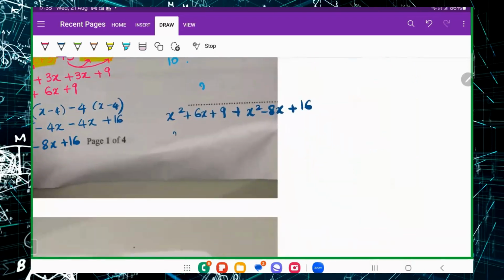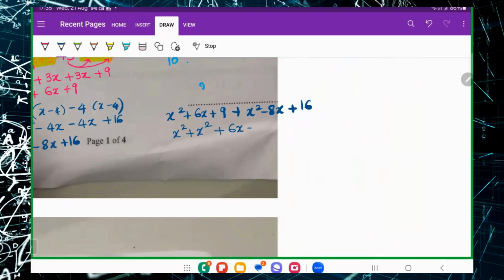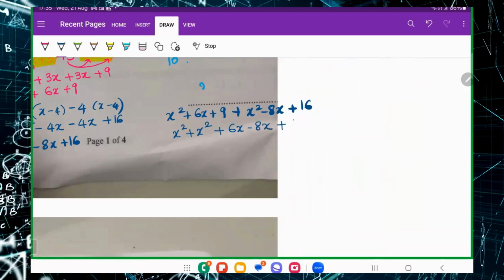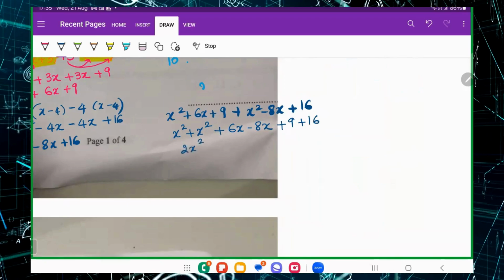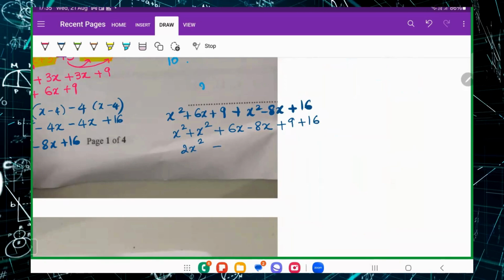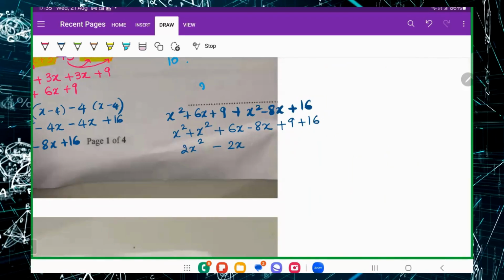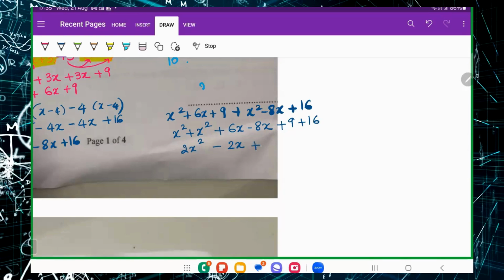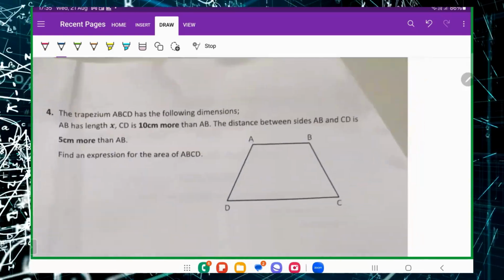I'll get the like terms together. x square plus 6x minus 8x plus 9 plus 16. x square plus x square gives you 2x square. 6x minus 8x will give you a minus 2x. Plus 9 plus 16 gives you a positive 25. So that's your answer.